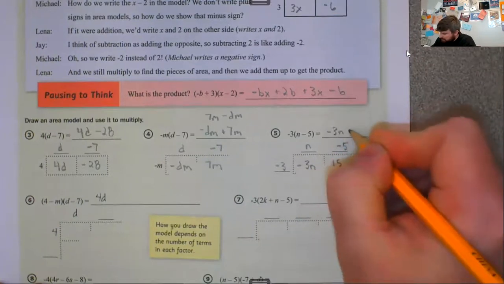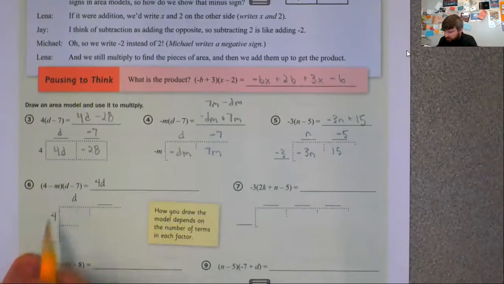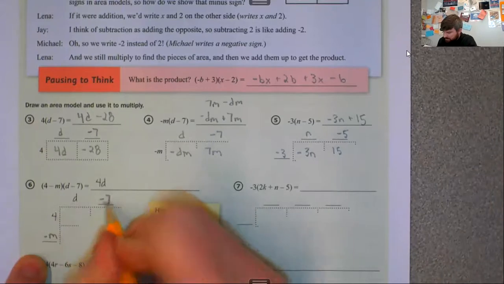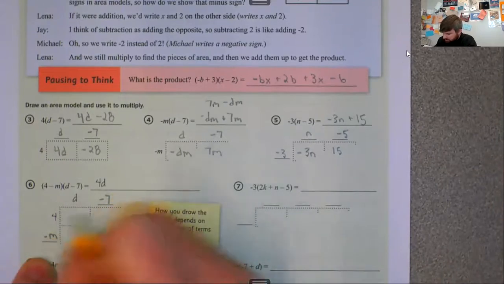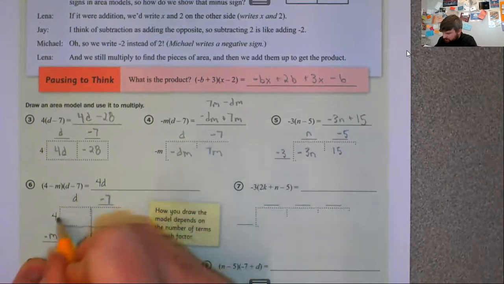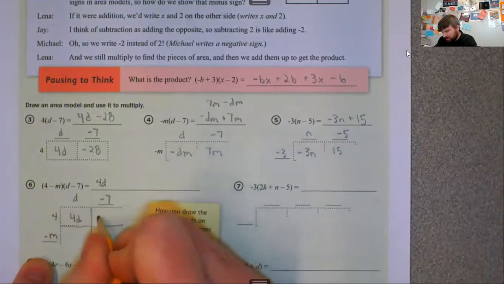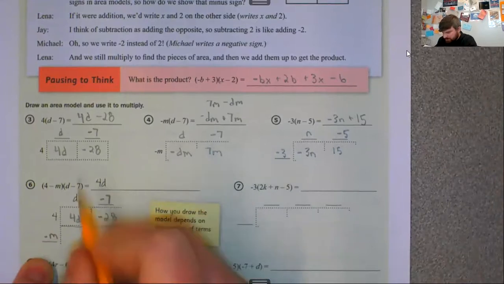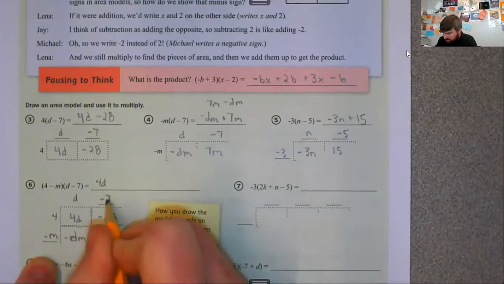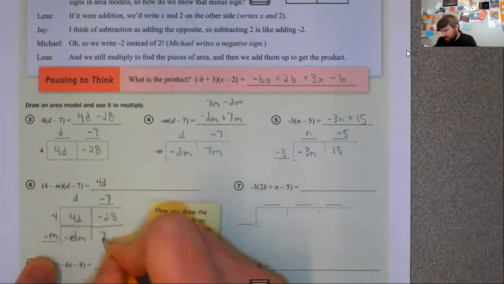Okay, here we've got two terms. So we're going to take 4 minus m and d minus 7. So just kind of finish this out here. D times 4 is 4d, and 4 times negative 7 is negative 28. D times negative m is negative dm, and negative 7 times negative m is 7m.